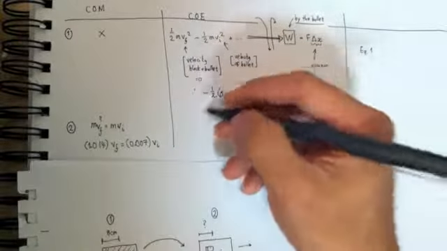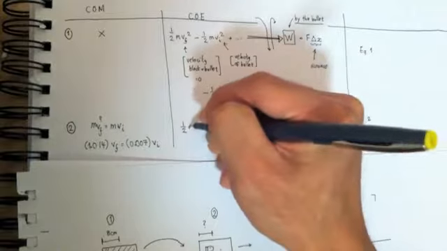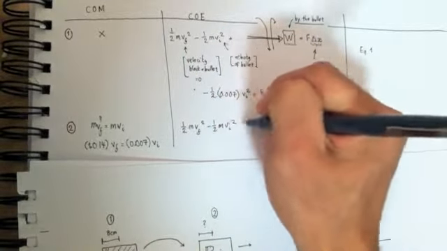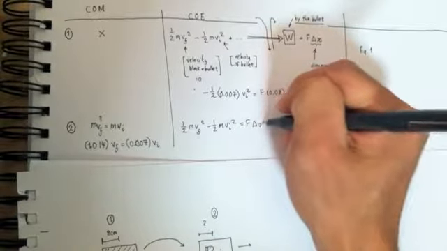So that ends up being, once again, 1/2 m v f squared minus 1/2 m v i squared equals F delta x.